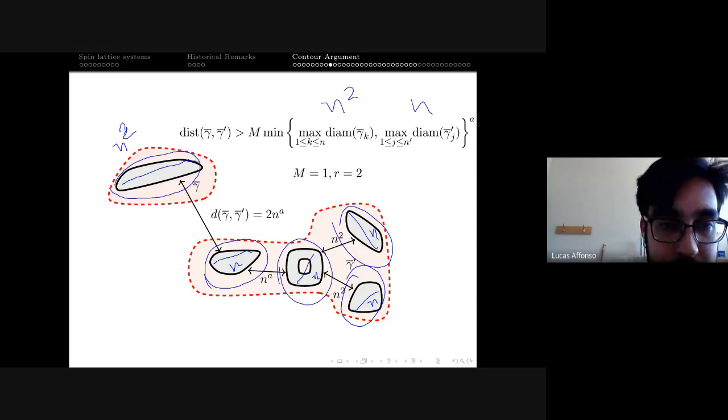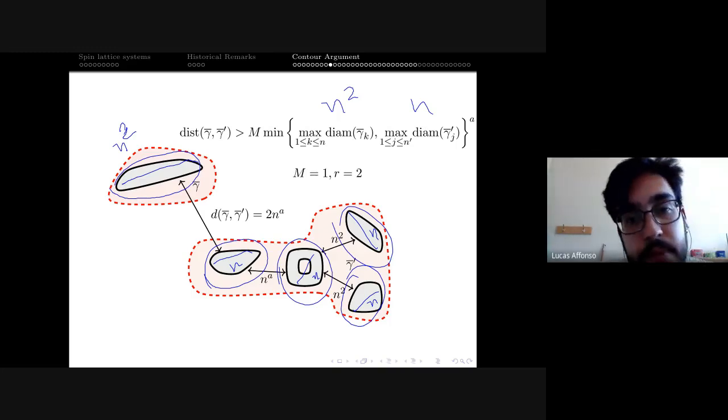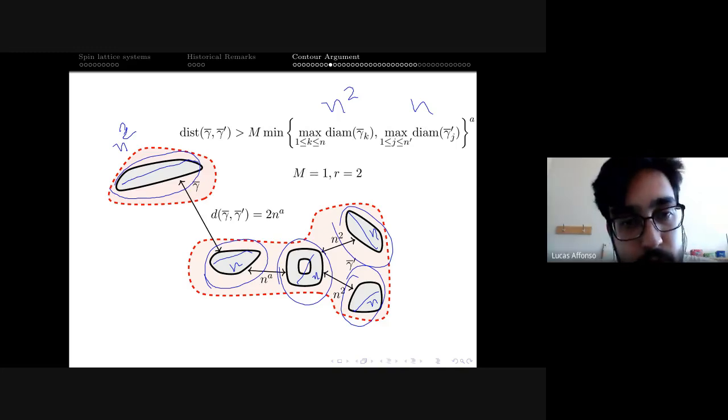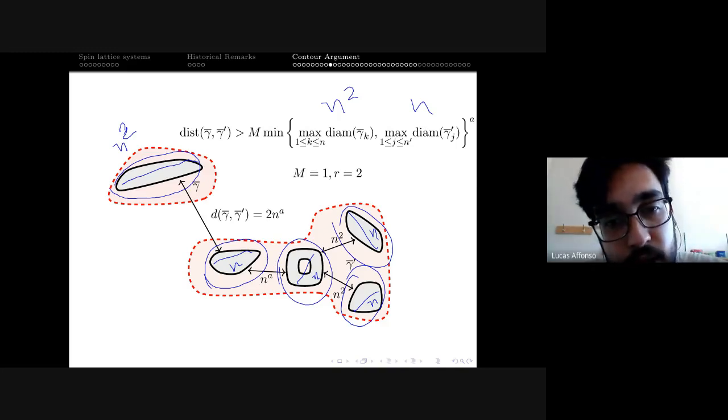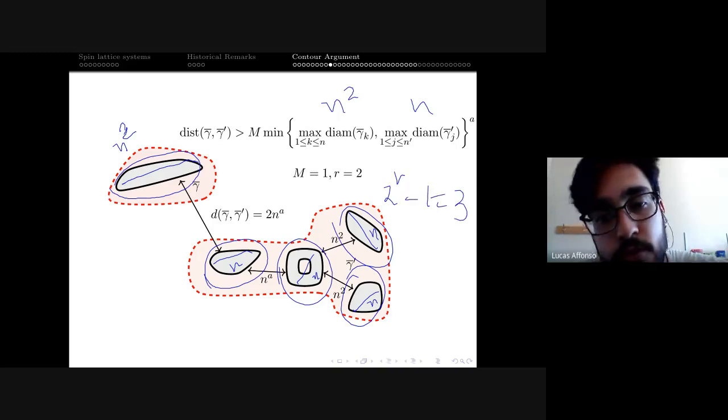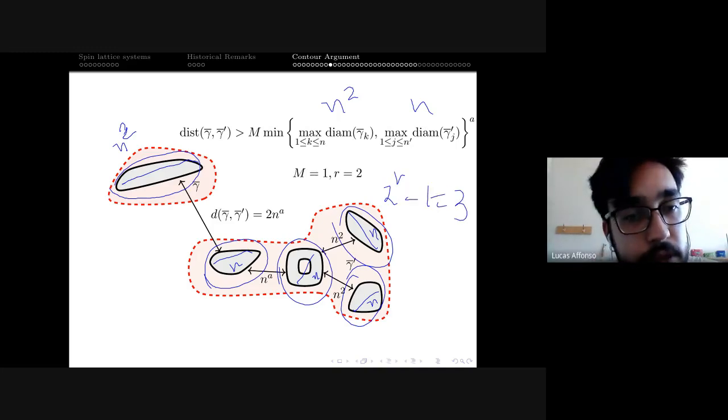But you should take care, because in order to satisfy condition B2, I had to break gamma prime into 4 components. And since in this case r equals 2, so 2 to the r minus 1 equals 3 again. So this is not a valid partition.